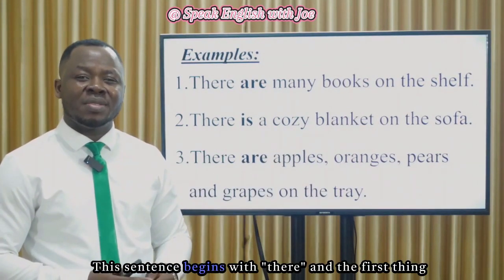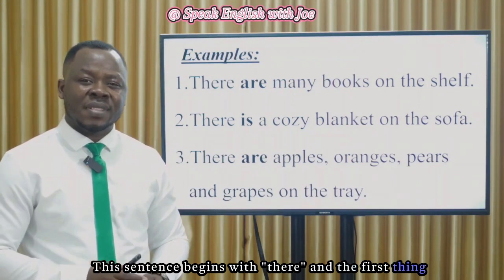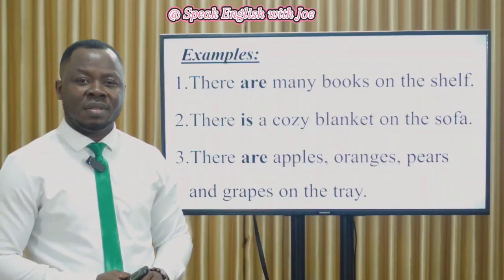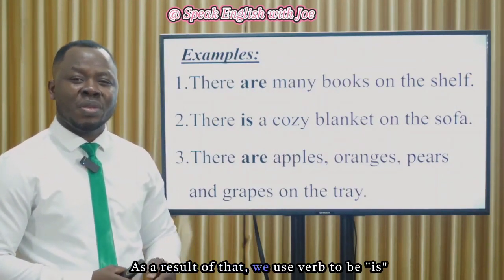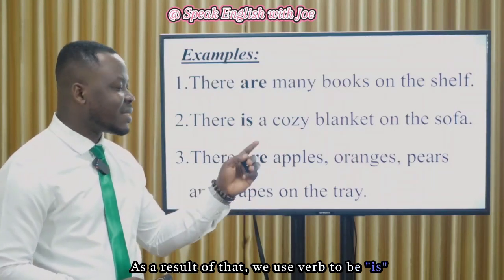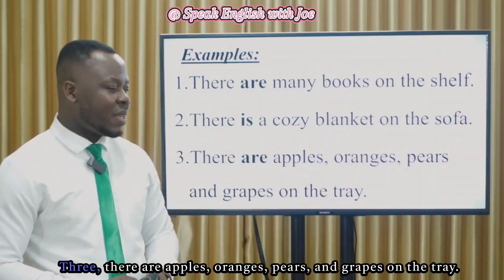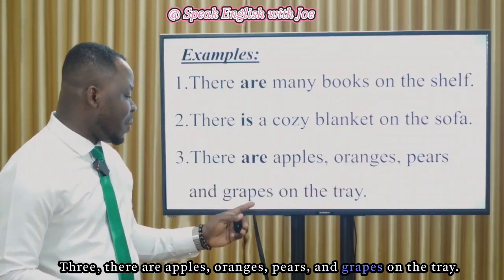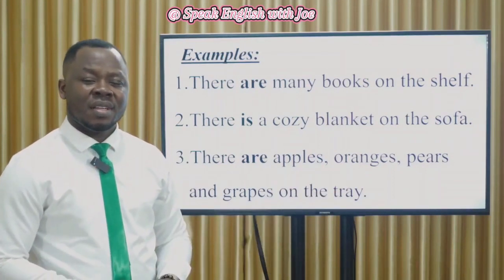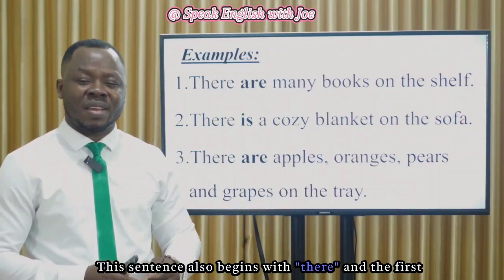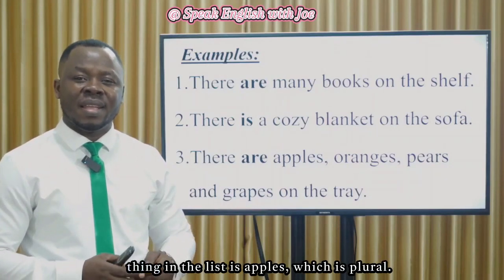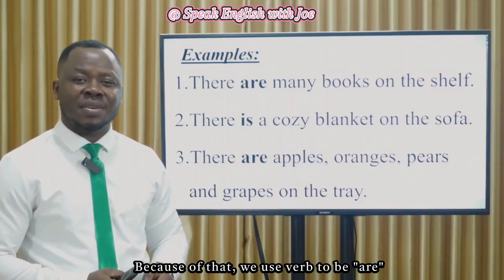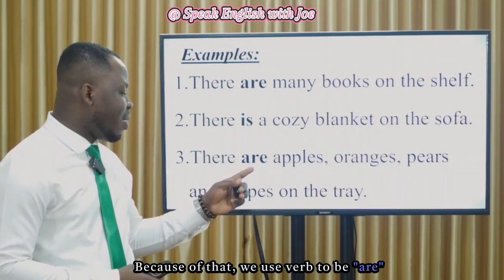This sentence begins with there, and the first thing in the list is blanket, which is singular. As a result of that, we use the verb to be is. 3. There are apples, oranges, pears, and grapes on the tray. This sentence also begins with there, and the first thing in the list is apples, which is plural. Because of that, we use the verb to be are.